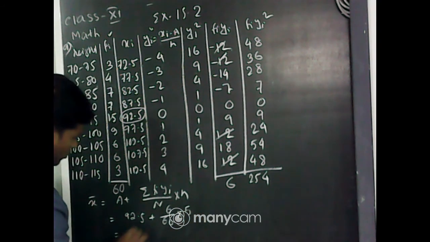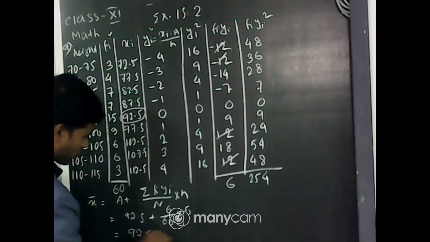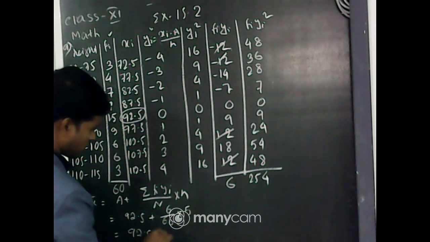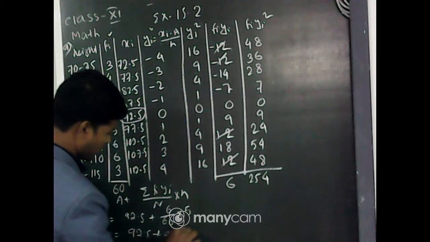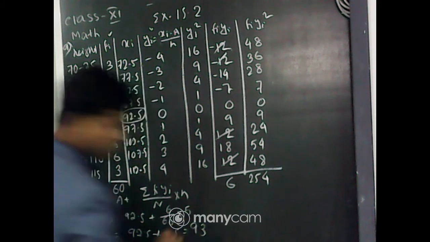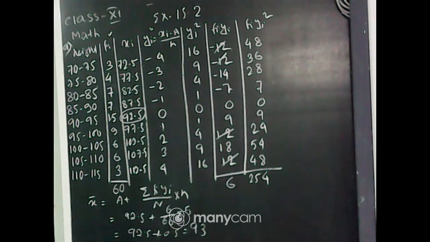So that is equal to 92.5 plus 0.5, that is equal to 93. So the mean of the data is equal to 93.